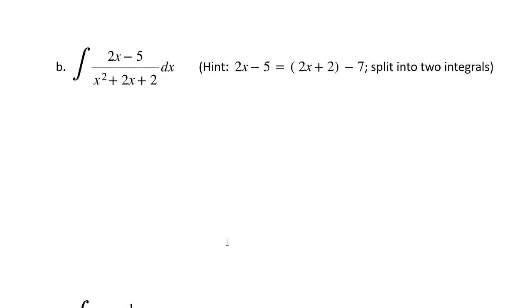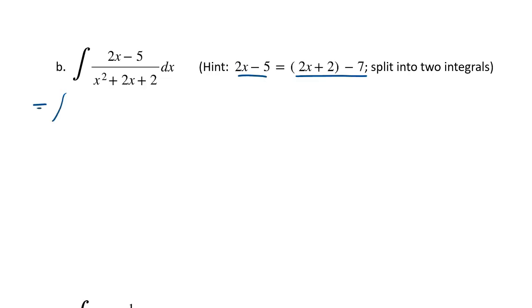So the best thing to do here is to split it into two integrals. It gives you a hint there. Let's make 2x minus 5 the same as 2x plus 2 minus 7, because this is equal to that.